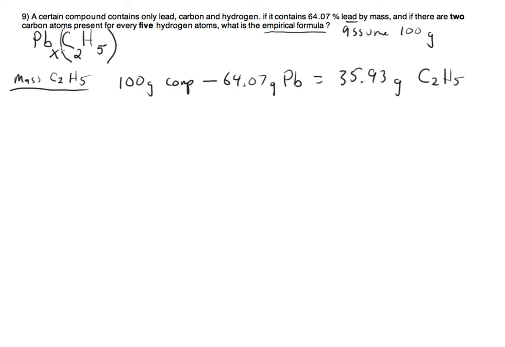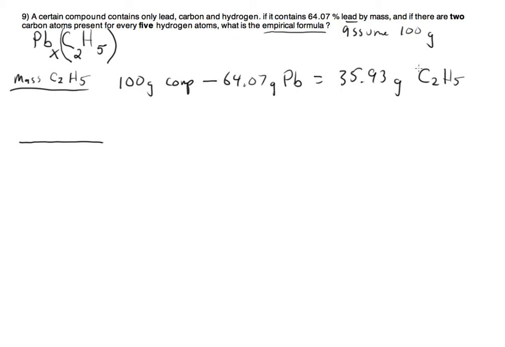So I'm going to start. I want to end up with a mole ratio. I could start off with lead on top, or I could start off with C2H5 on top. One will give me a whole number, and one will give me a fraction or decimal.